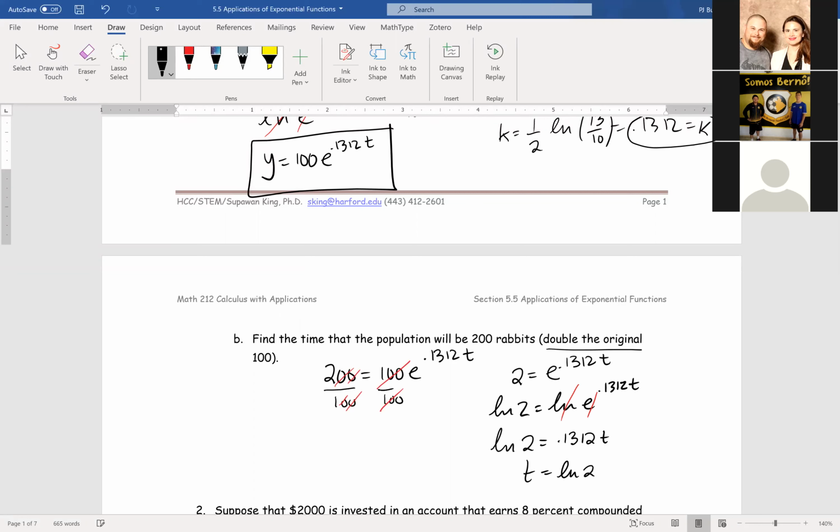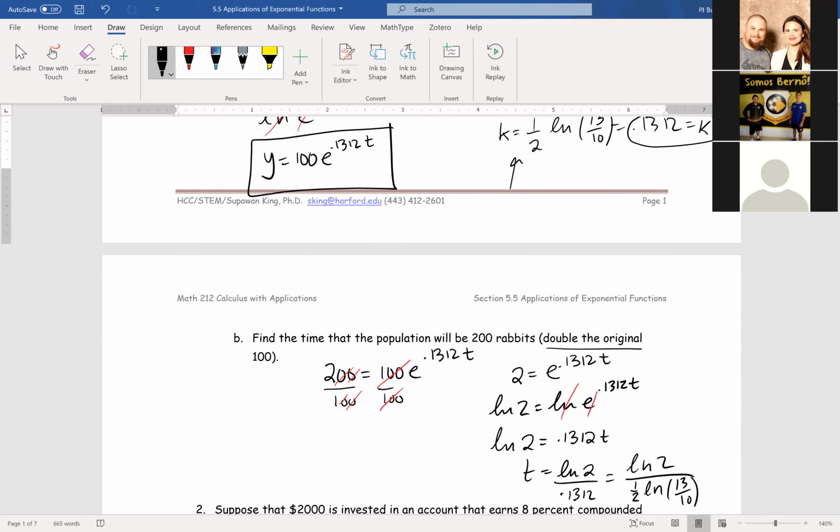And if I want to be precise, instead of dividing by 0.1312, I'm going to go back. I have this equation right here for k. I'm going to divide by that whole thing, just because I want to be as accurate as possible.